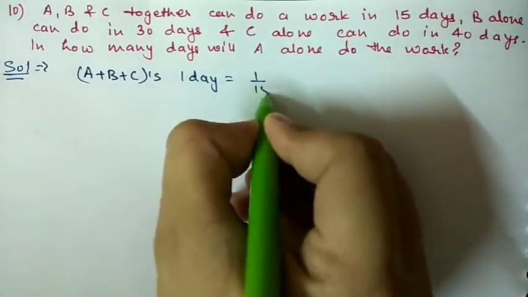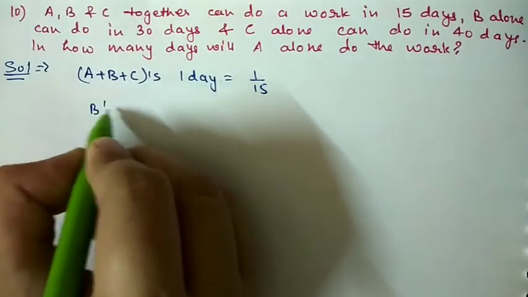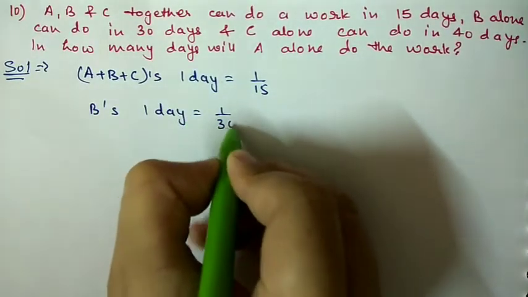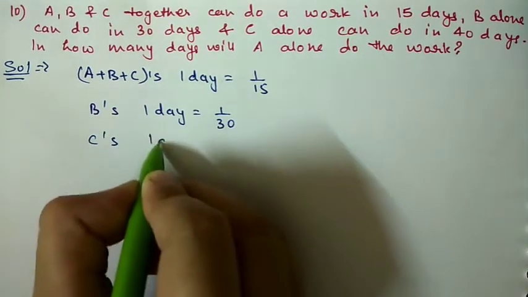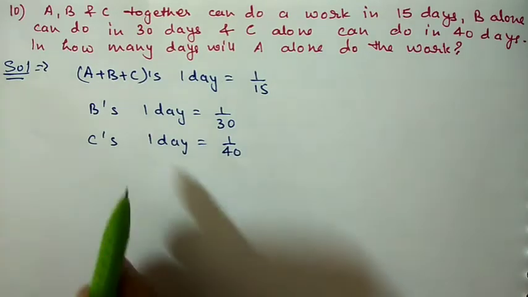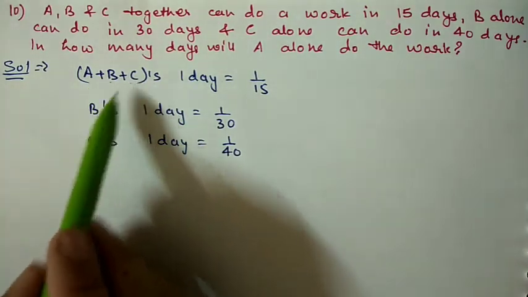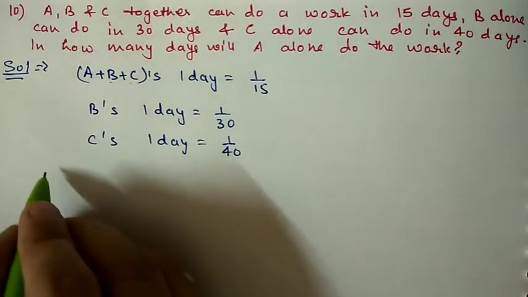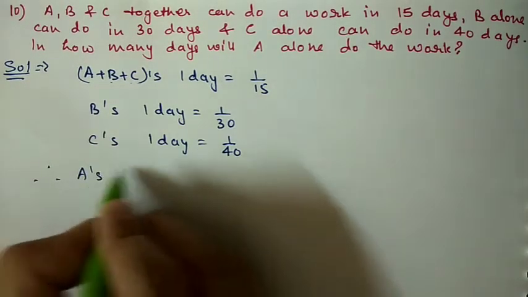It will be 1 by 15. Then B's one day work is given 1 by 30 and C's one day work also is given 1 by 40. So if from A plus B plus C we subtract B and C, then we will get A's one day work.